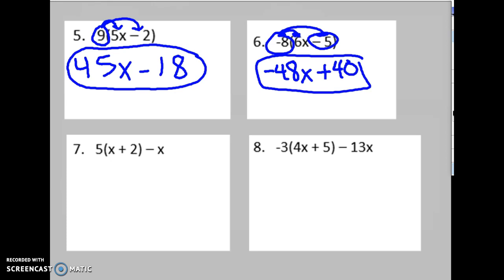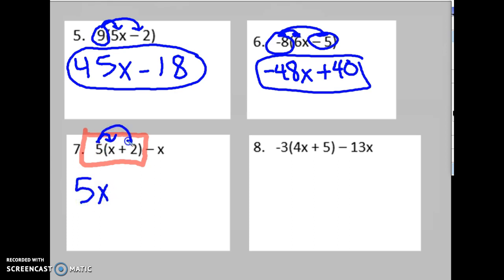Now we're going to change into a little bit more complex of a problem. The reason I say it's a little bit more complex is because after you do distributive property, you will also have to combine like terms. So let's focus in on what's inside here first, because that's where our distributive property is. So we're going to do 5 times x, which gives me 5x.